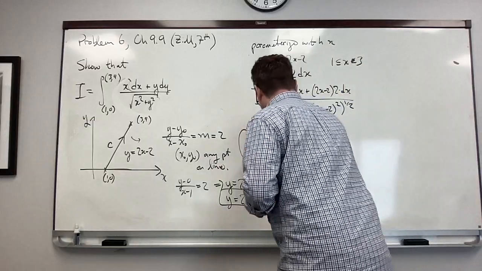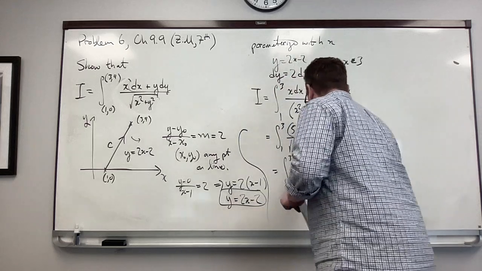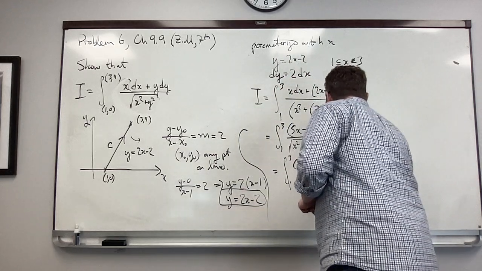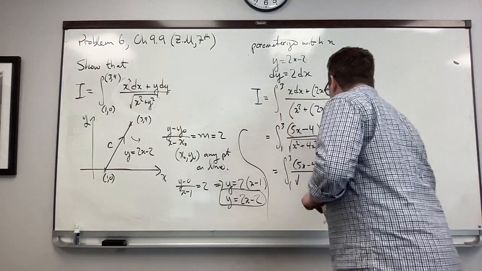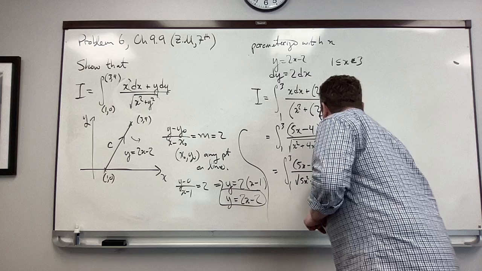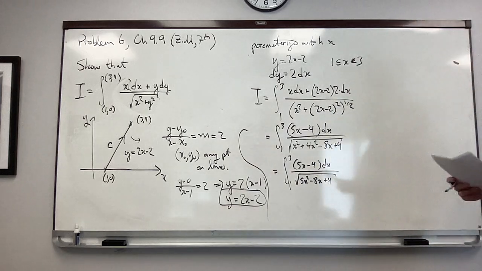So this thing, from 1 to 3, the top is as simple as we need it to be. The bottom becomes 5x squared minus 8x plus 4. Okay, that's what we've got.